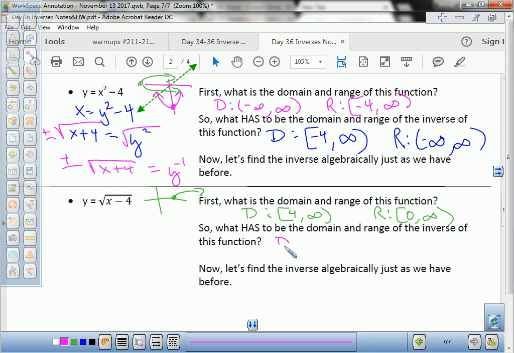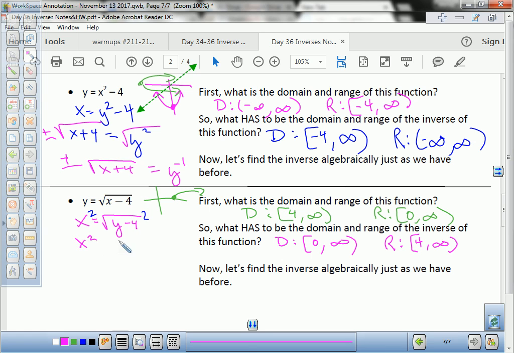So if we swap them, which is what we do when we find the inverse, you can clearly differentiate between the two now. So let's solve it algebraically, and then we'll look at a sketch of the graph and see if it makes sense. So to solve this, we would square both sides.